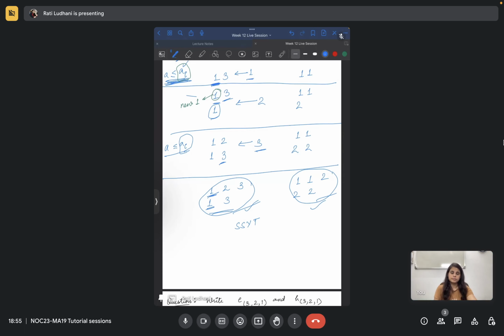Here the column is strictly increasing. Q is a semi-standard tableau, and P is not semi-standard. Q is semi-standard, but not this.